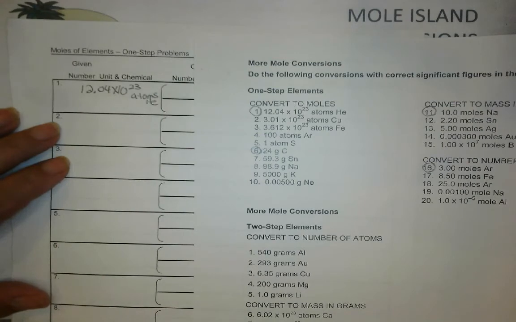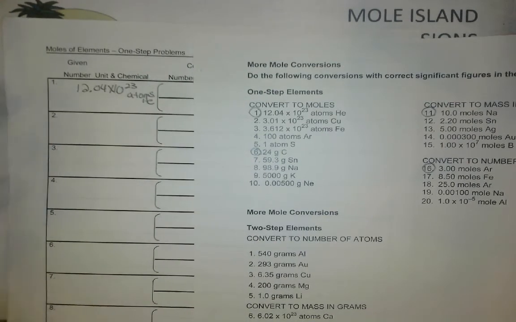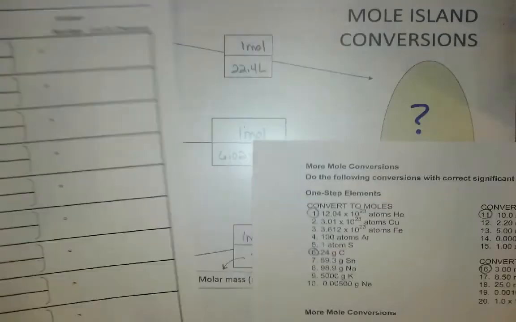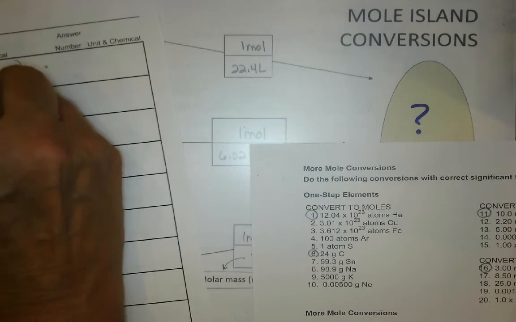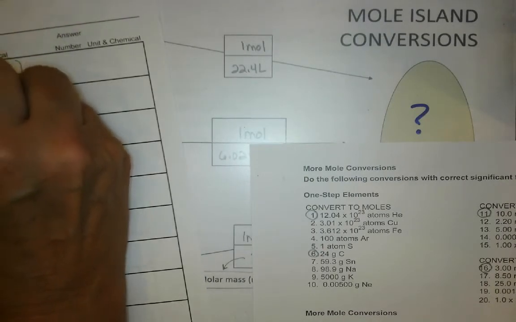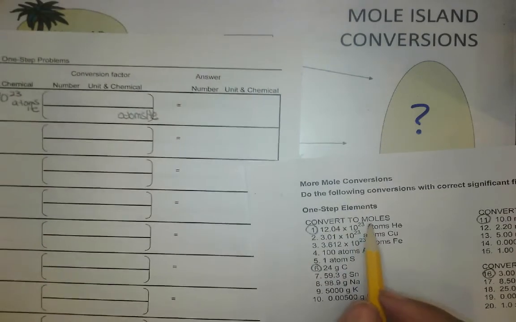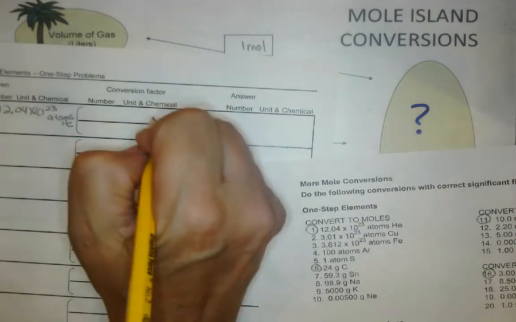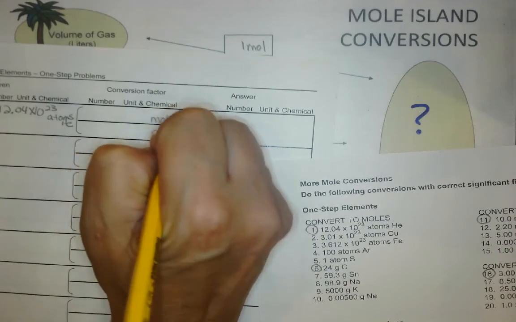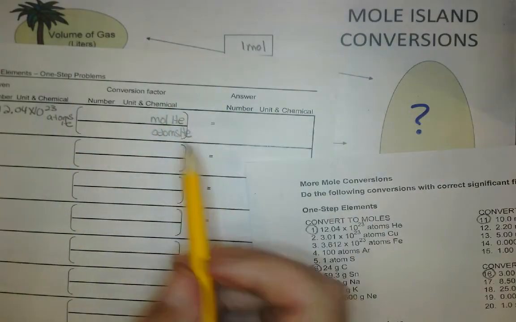Okay? Now, do I want atoms of helium anymore? I do not want atoms of helium. And I am converting to moles of helium. So I don't want atoms of helium. I'm going to moles of helium. And this is our conversion chart.